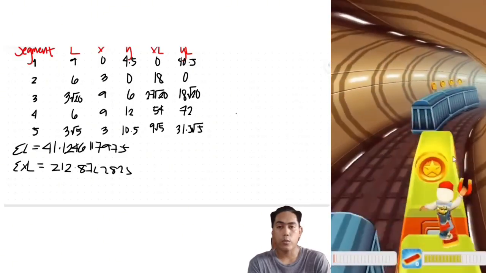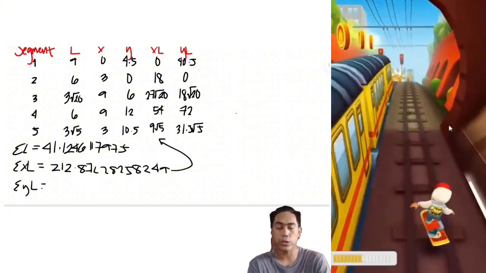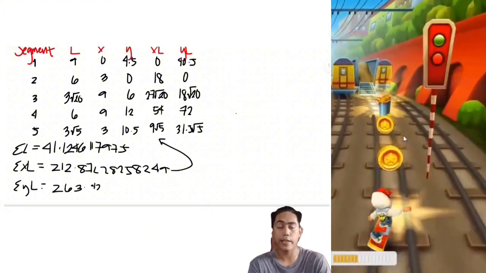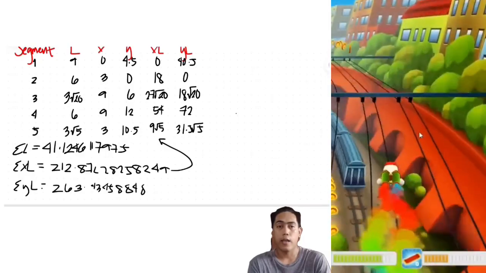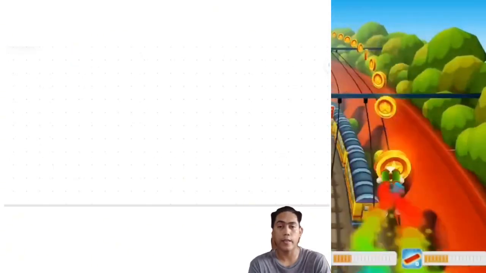And then after that, we will solve for the summation of the lengths and also the summation of the product of length and the x coordinate, and the summation of the product of length and the y coordinate.